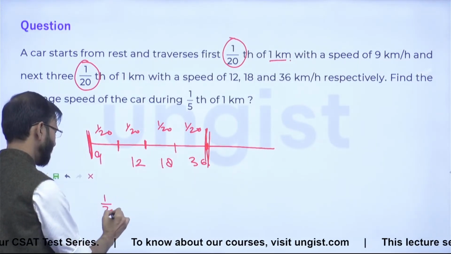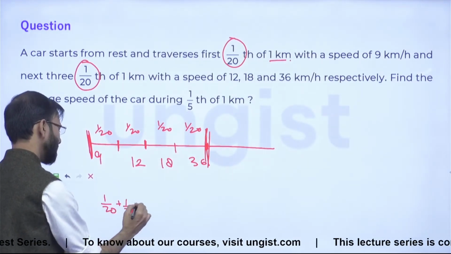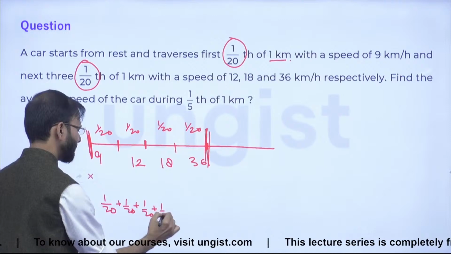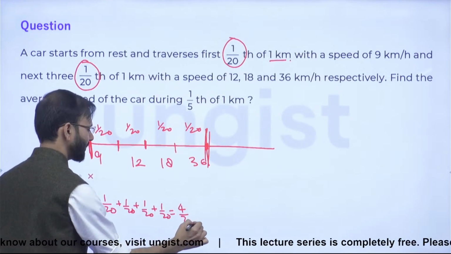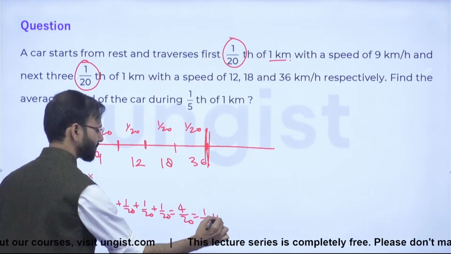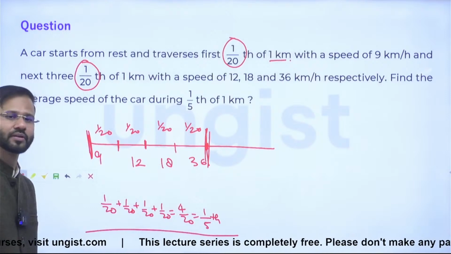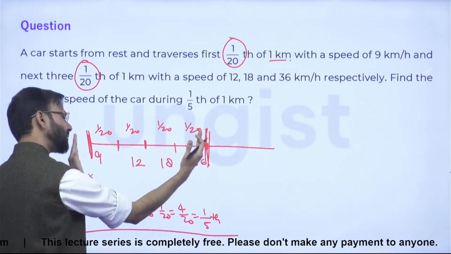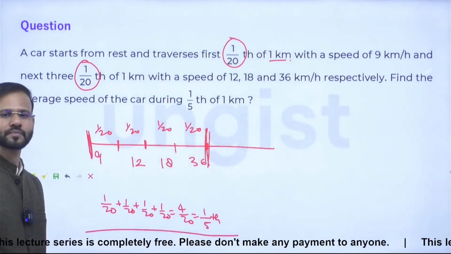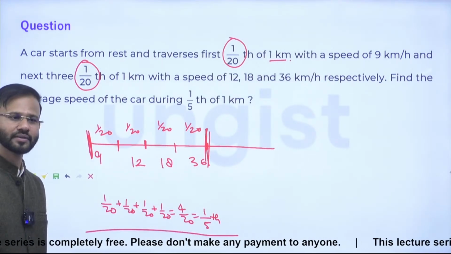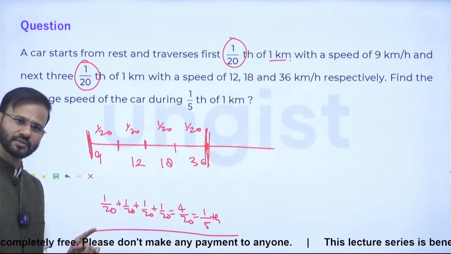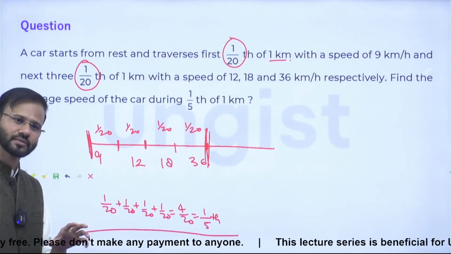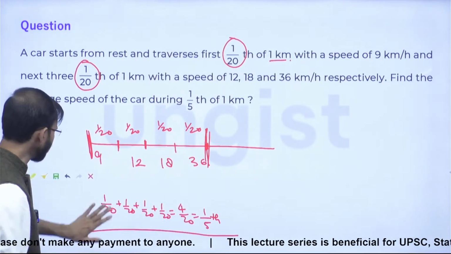Because 1/20 plus 1/20 plus 1/20 plus 1/20 is 4/20, and 4/20 is 1/5. So they have given the data for this part and they are asking the average speed only for this part. Guys, is it clear? Think on it.